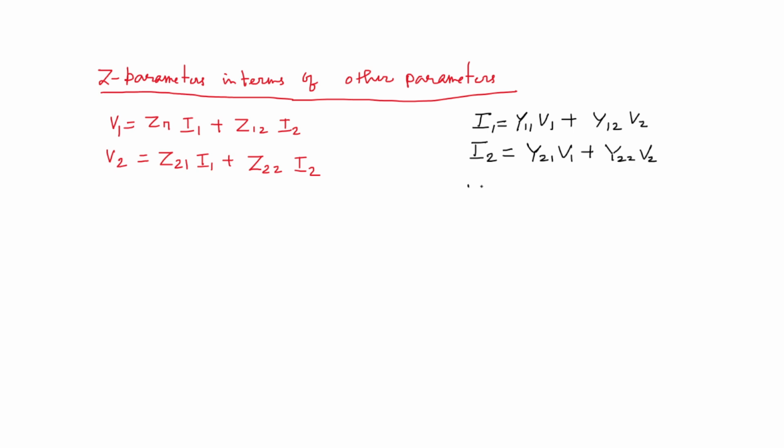So in short, in matrix form, I can be written as Y matrix into V. So if you write the above equation in this fashion, then it should be V equal to Y matrix inverse into I. Now this Y matrix inverse is nothing but Z matrix.